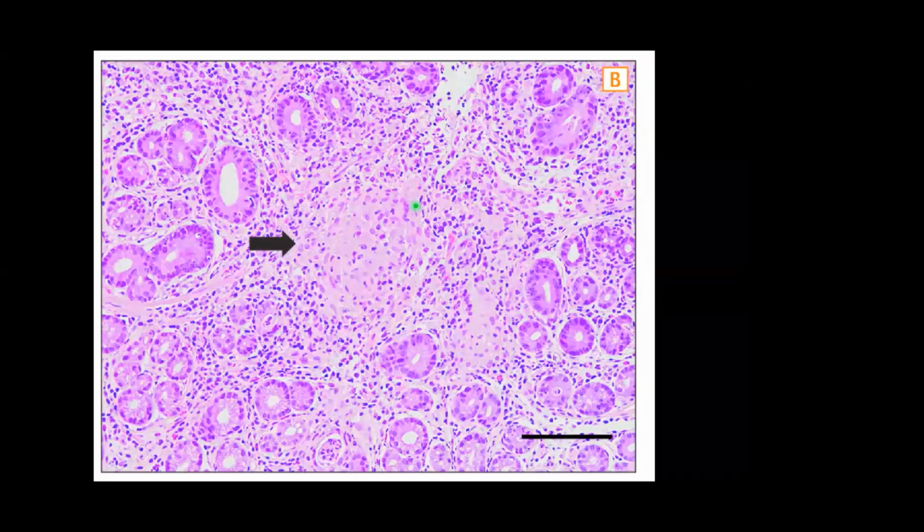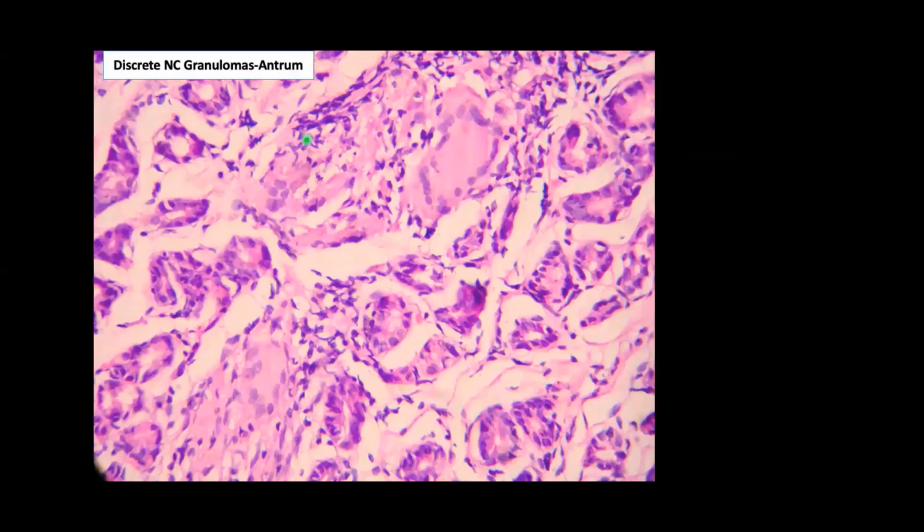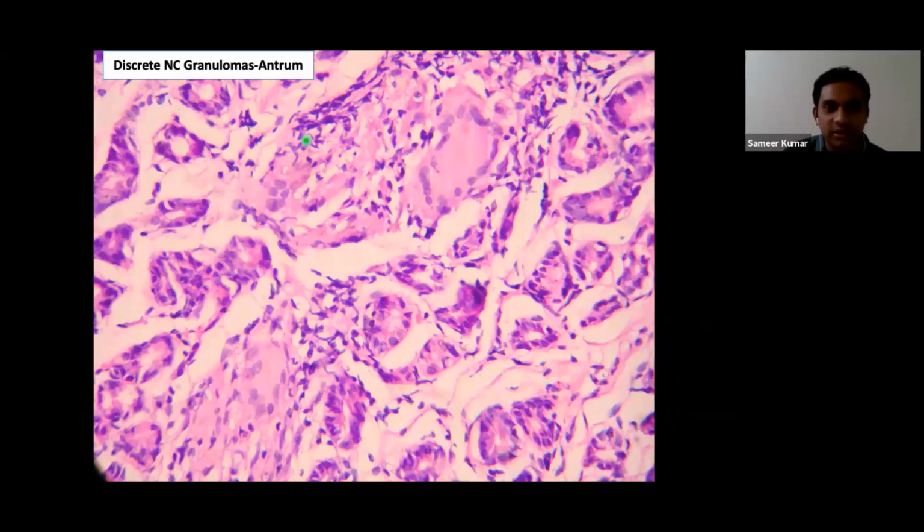There's another. Dr. Samir, will you get a positive finding like granuloma if you take a biopsy from the normal rectal mucosa, normal gastric mucosa, duodenal mucosa, etc. in a suspected case of Crohn's disease? Yes, sir. Granulomas can be present.